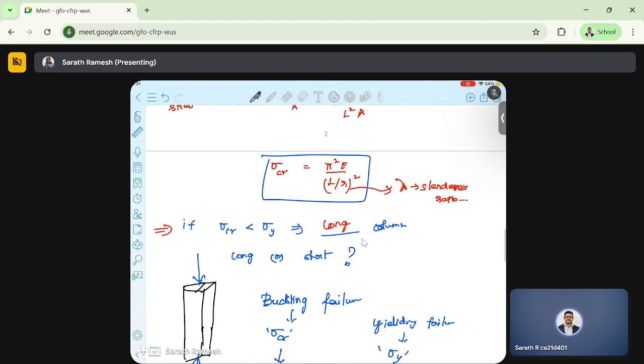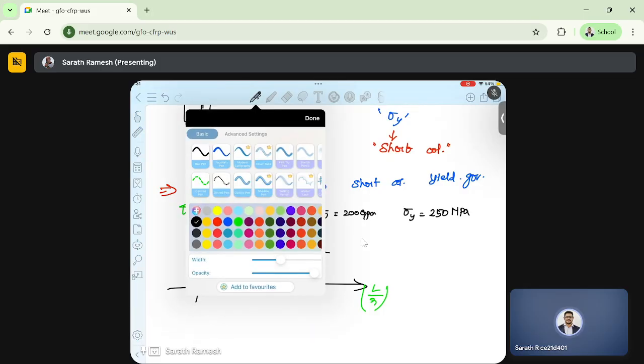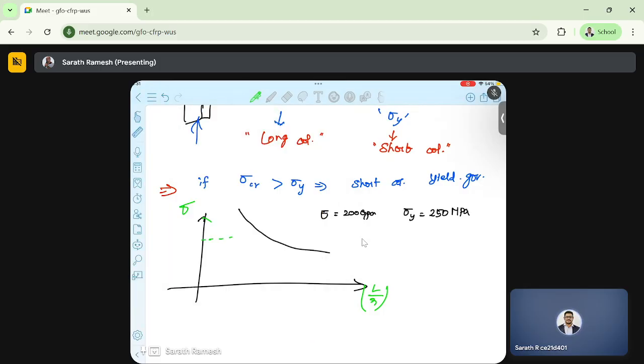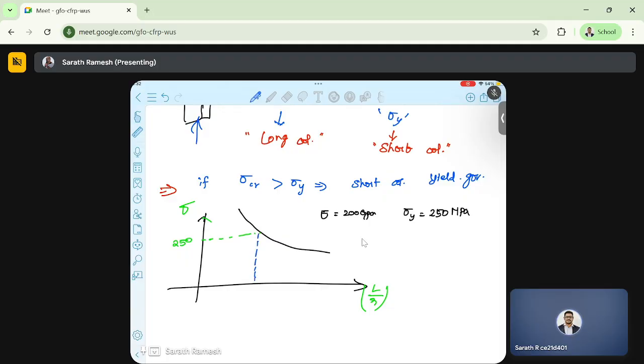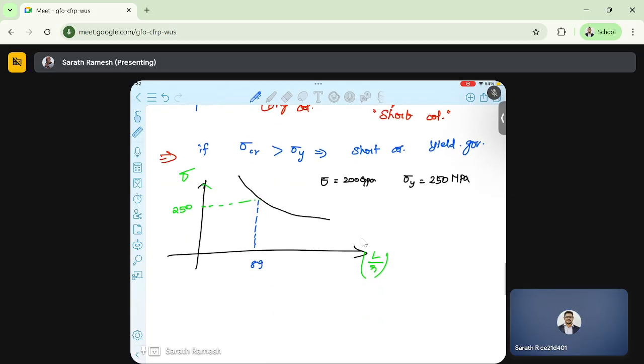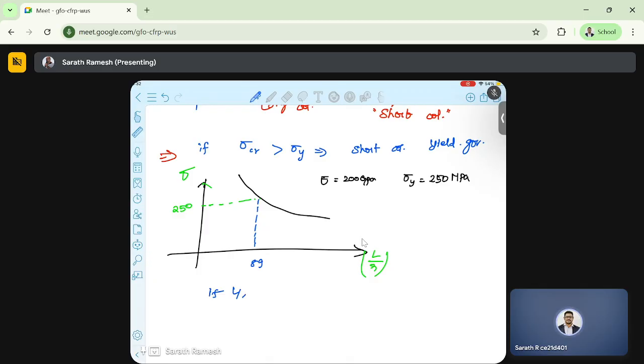When we substitute this, we will get a particular value, for this 250 we will get a value around 89. So this is the limit. Below this, if L by R is less than this 89 for steel, we say it is short column, this region short column, and this region long column.